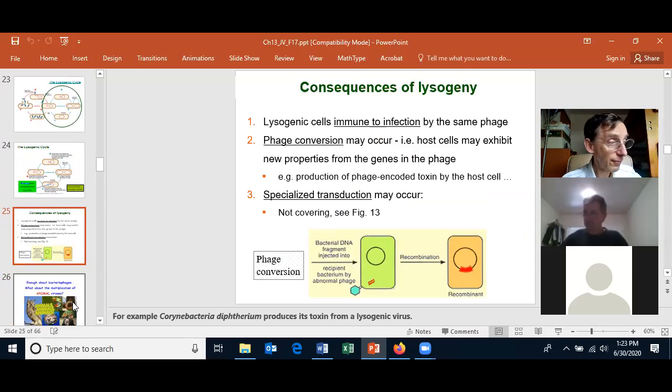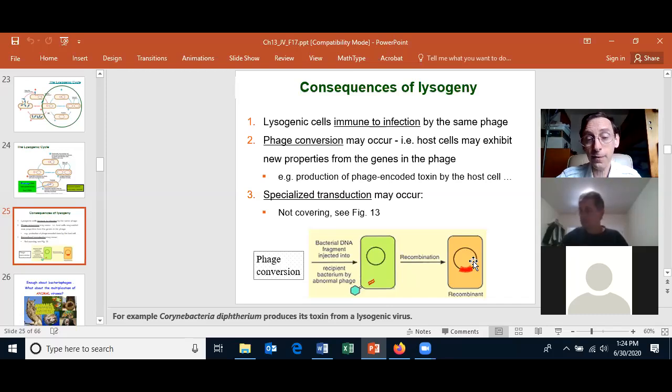Some consequences for the cell having a lysogenic virus: for one thing, the host cell cannot get infected with other viruses of that species of virus. So that cell is immune to infection by that species of virus.